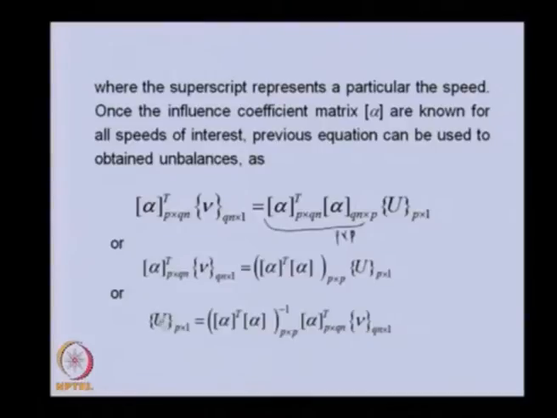And once we know the residual unbalance in p number of planes, we can balance the rotor by putting the correction masses just opposite to the residual unbalance in p number of planes. Like this we can do the balancing of the flexible rotor using the influence coefficient method.